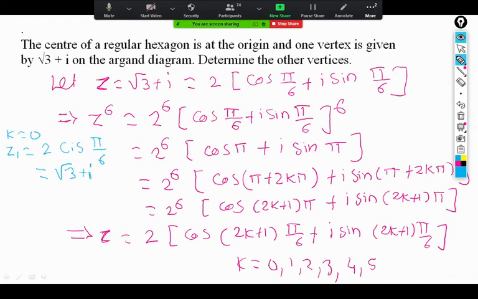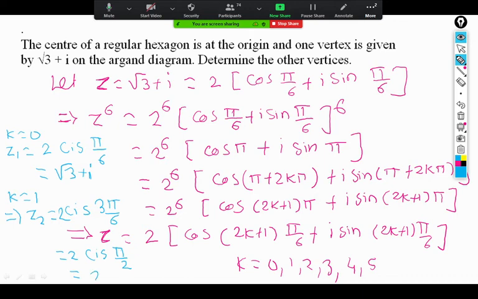Case 2, k is equal to 1. K equal to 1 implies z2 is equal to 2 times cis 3 pi by 6, that is (2 times 1 plus 1) pi by 6. So what is 3 pi by 6? It is 2 cis pi by 2. Now what is cos pi by 2? 0, sir.